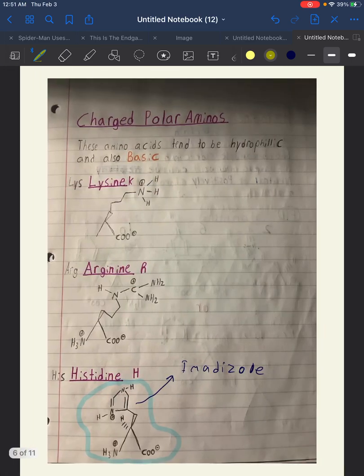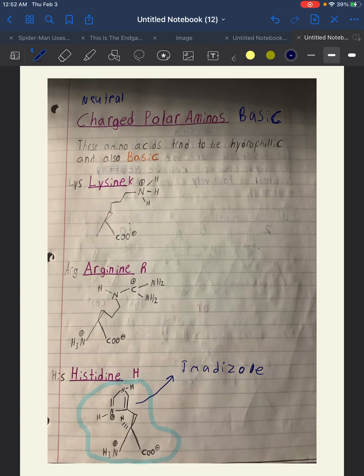Moving on to the charged polar amino acids that are basic. These are your basic amino acids that are polar. These are also charged at neutral pH. So with that being said, lysine at neutral pH is positively charged, and it is also basic. Arginine is once again positively charged. It is also basic.